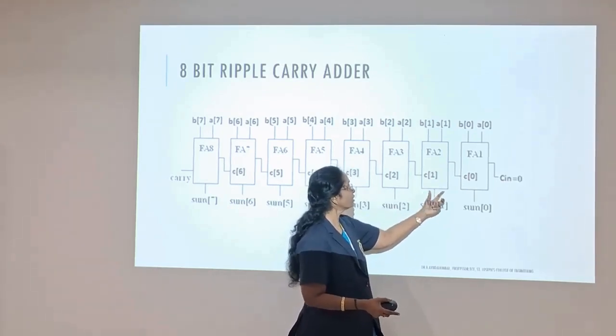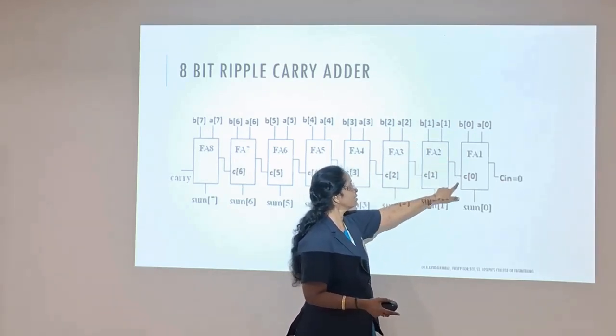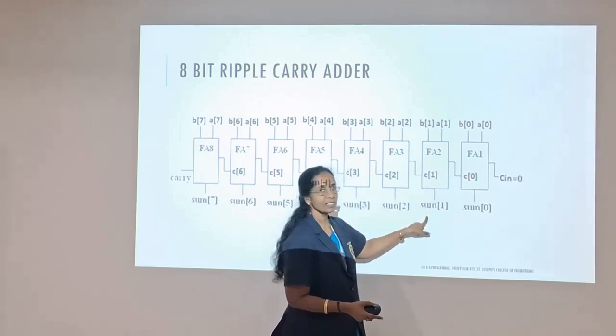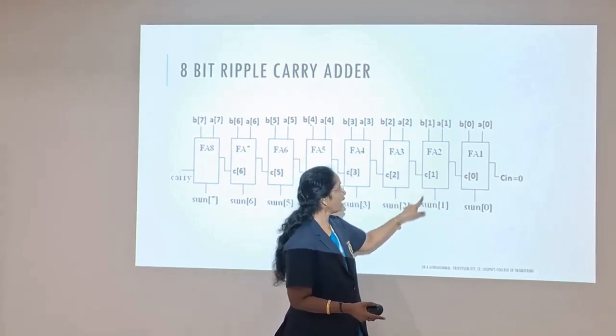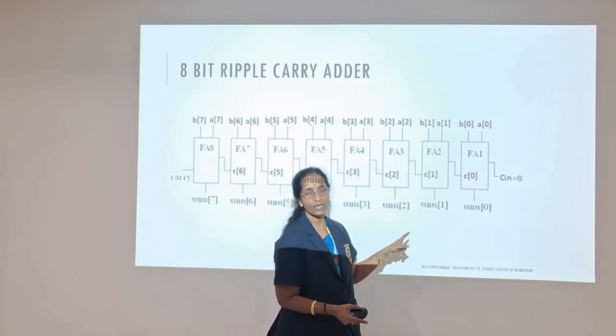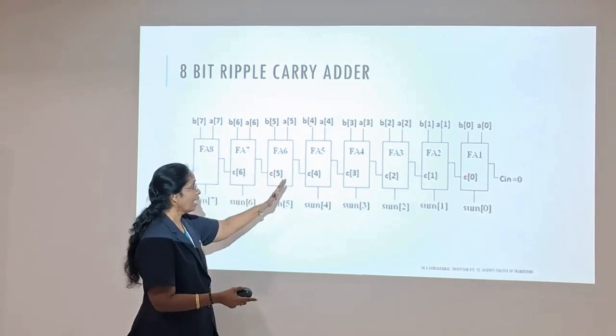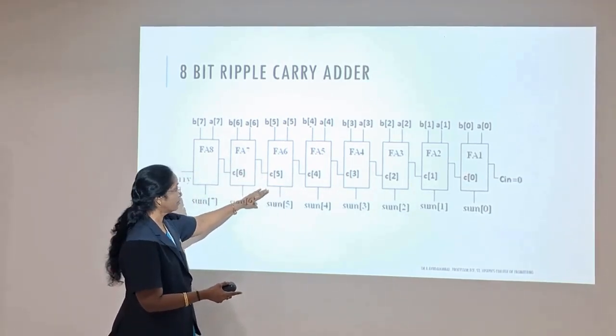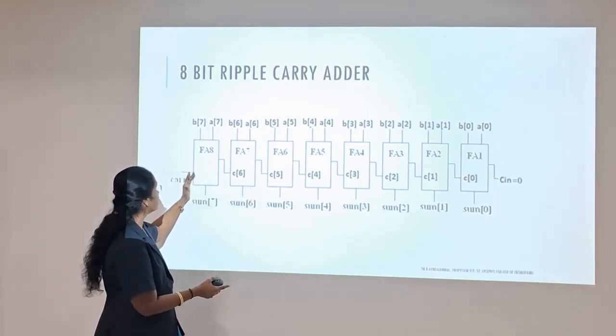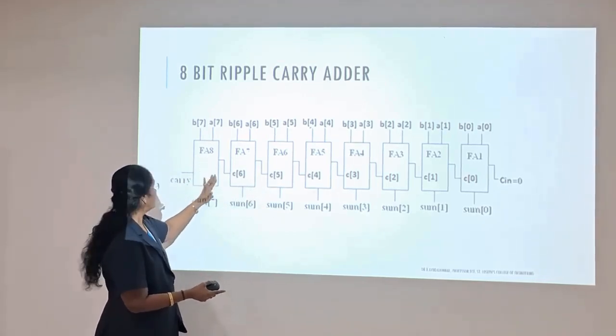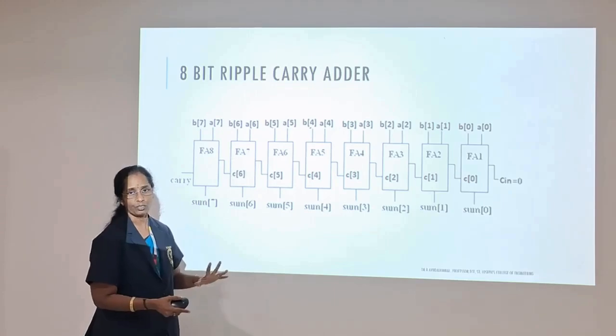So the inputs here are A1, B1 and C of 0. It produces an output sum of 1, and C of 1 is the carry. Likewise, the carry is propagated, and the carry generated from the MSB adder is the final carry of the circuit.